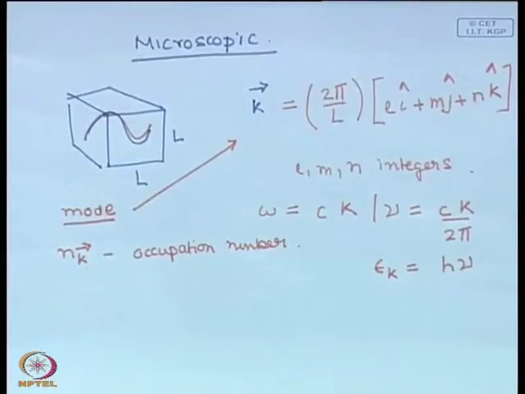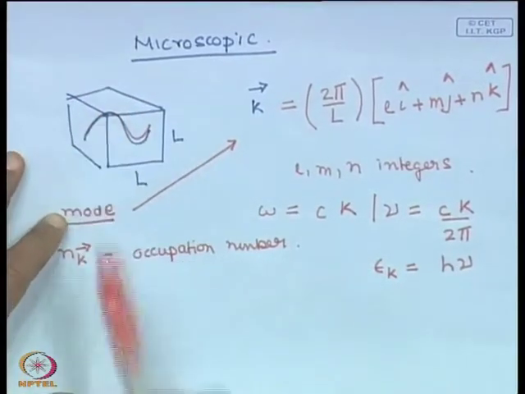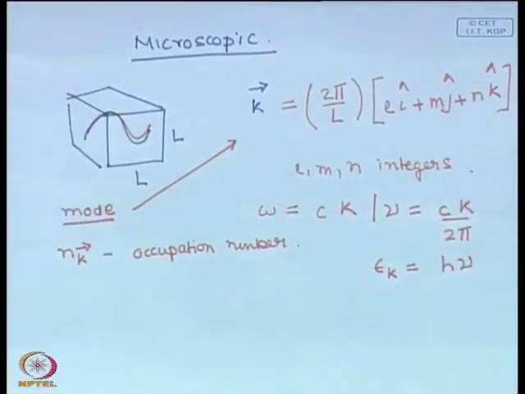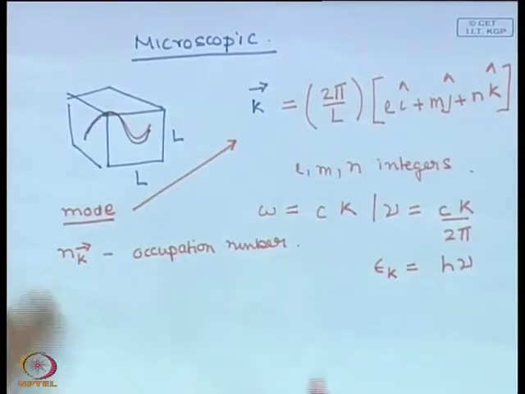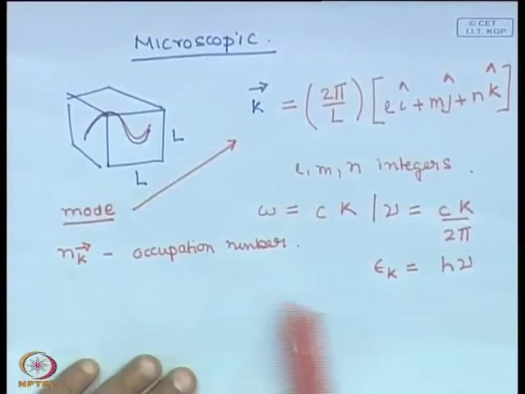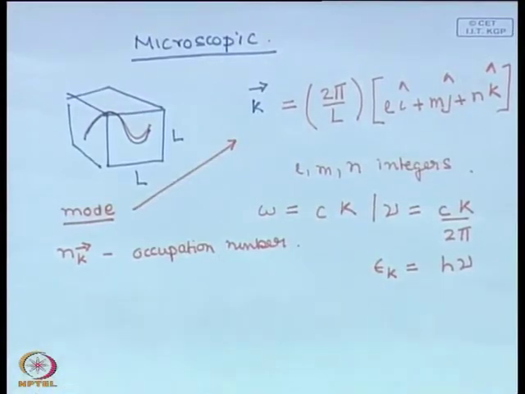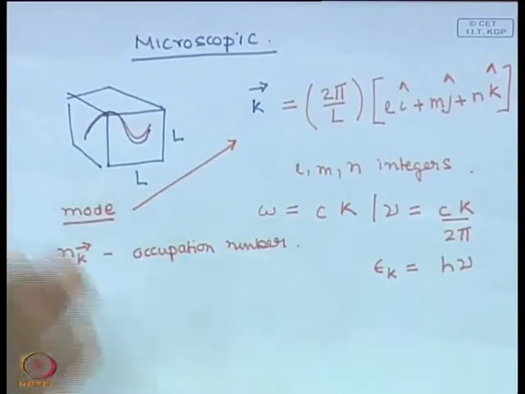So, the way we think of the electromagnetic radiation in this box is that it can be decomposed into modes. Each mode will have some number of photons, that is the occupation number. Each of these photons will have some energy. Okay, so, the total energy of electromagnetic radiation in this box is to be thought of like this. I hope this picture is clear.